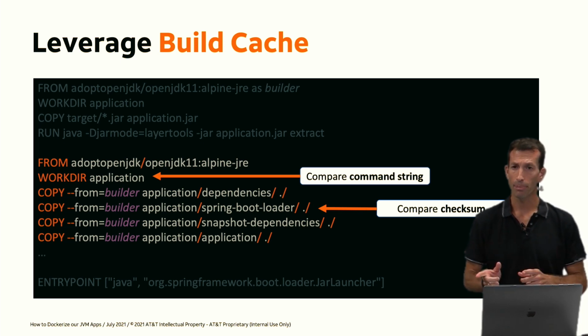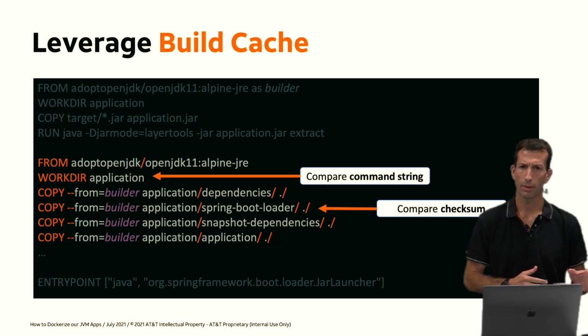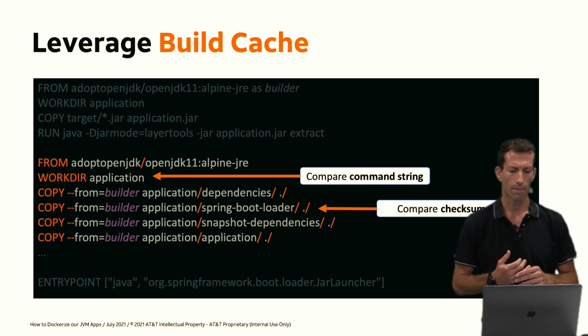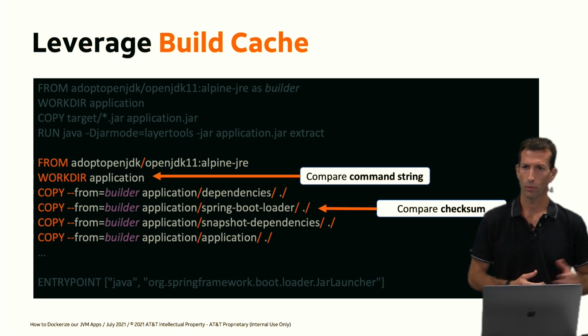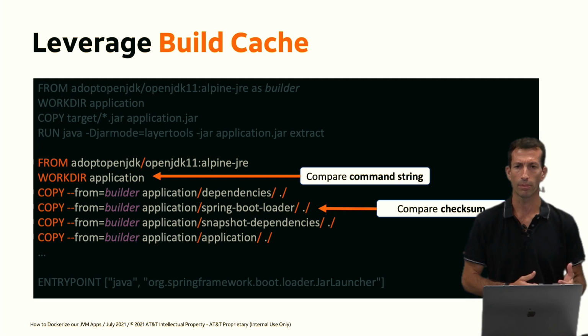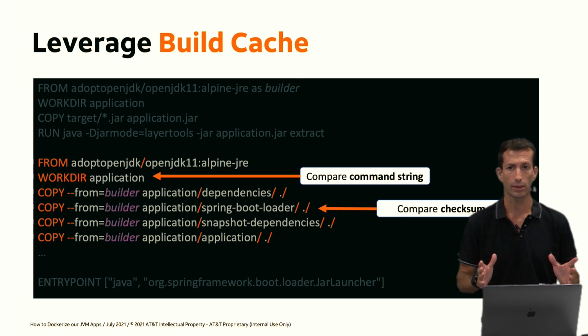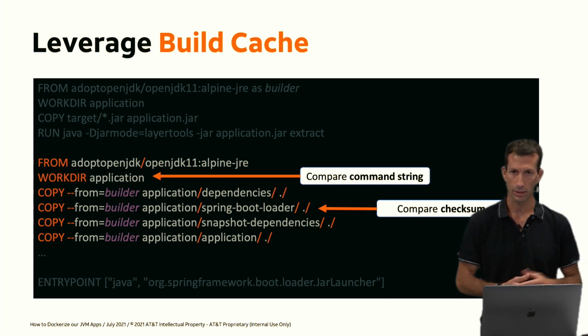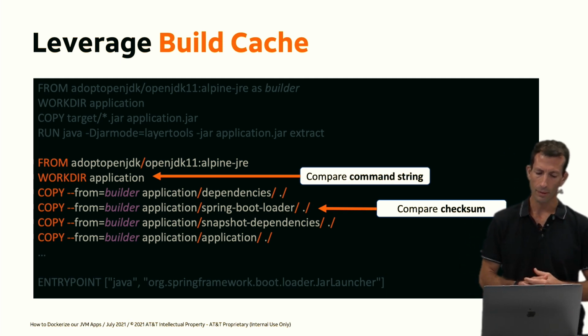So for COPY and for ADD, we're not going to be talking about ADD, but for COPY for now, it compares the checksum. What does that mean? It means that if we have a file, it doesn't really matter when it was created or when it was modified. The only thing that matters is the contents and the metadata of this file.